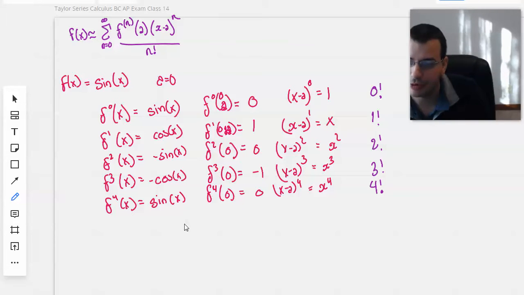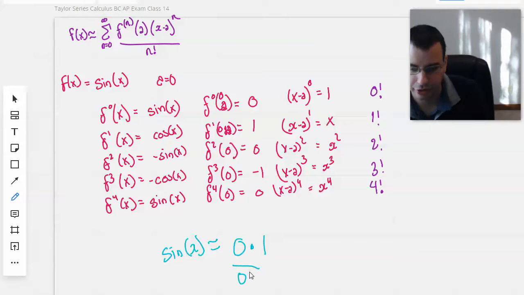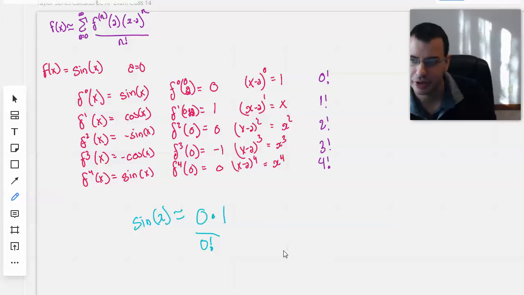Okay, focus. So we have the first portion. Sine of x is approximately 0 times 1 all over 0 factorial. 0 factorial is 1, by the way. There's no real justification for why it is, other than the fact that it seems to work well, which is a good enough justification for anything in life.